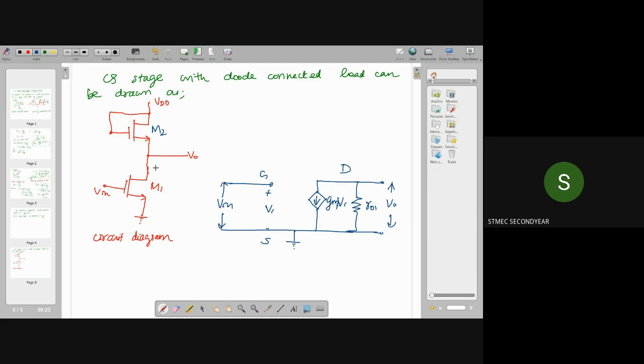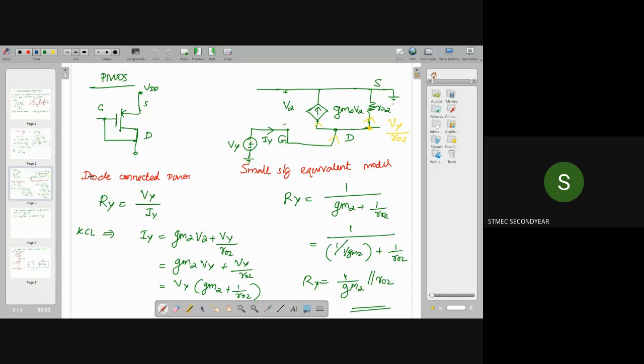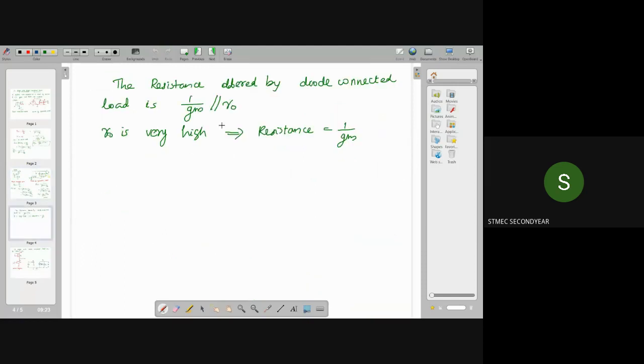Now to the drain terminal of this M1, you have to connect this diode connected load. So instead of this diode connected load, we have derived the small signal equivalent model and their effective resistance. In both cases, our effective resistance was 1 by gm parallel to ro. Right. So this circuit, we can represent as parallel combination of two resistors.